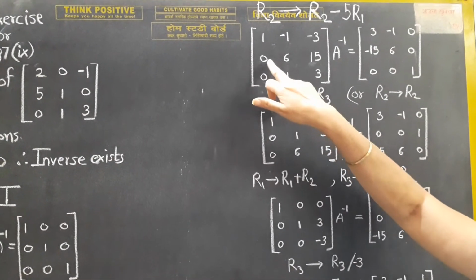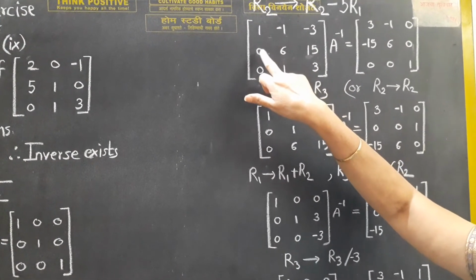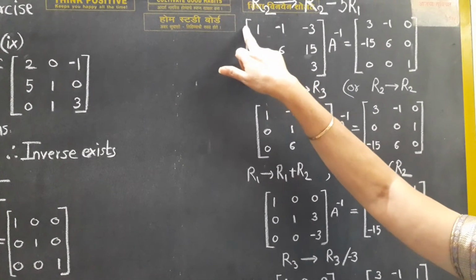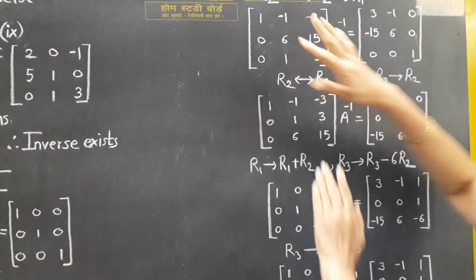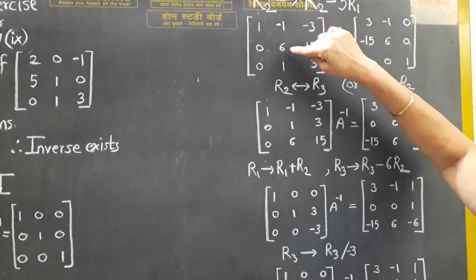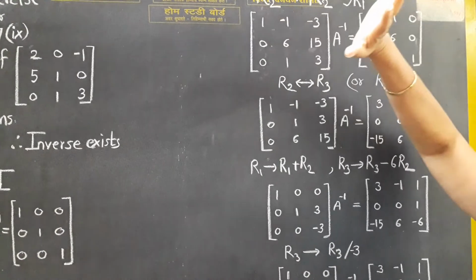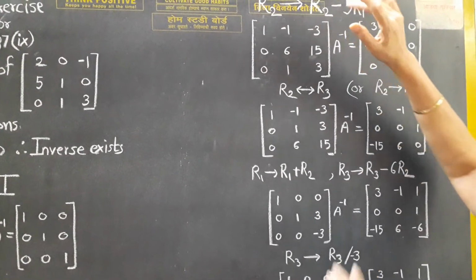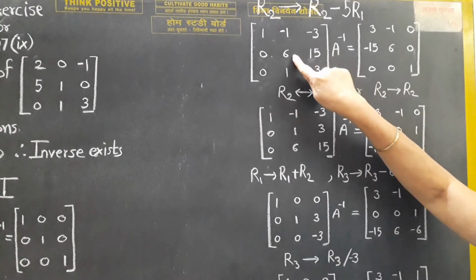But when I say R2 minus R1, see that when R2 minus R1 is there, you will get 0 minus 1 as minus 1. So this will get changed, and that is why when you complete the first column, this means that to get 1 over here, we are going to ignore R1 in that case. Only R2 and R3 will help you to get 1 over here.